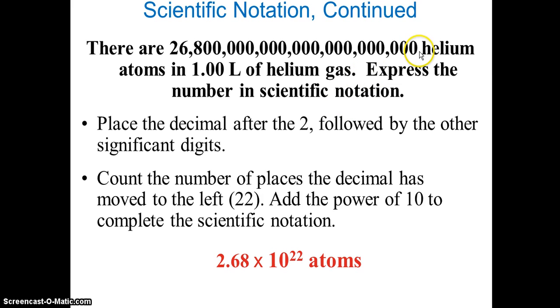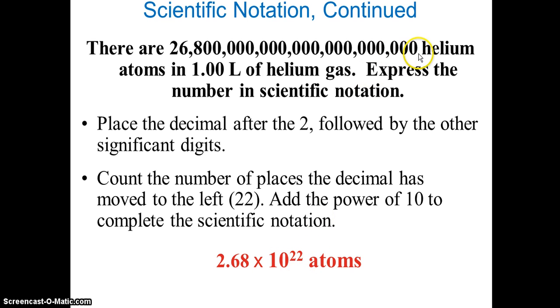We consider the decimal place and move it between 2 and 6. So we get 2.68, which is between 1 and 10, and we are moving the decimal to the left, so our exponent is positive.